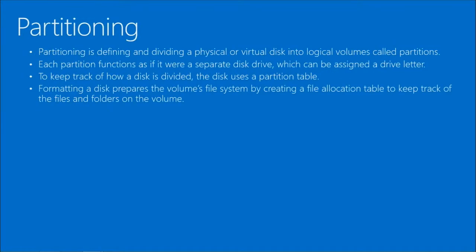So partitioning, you can divide a physical hard drive into multiple partitions. It used to be that the FAT16 file system only had like 2 gigabytes that could be used. So if you had a drive over 2 gigabytes, you had to partition it appropriately.